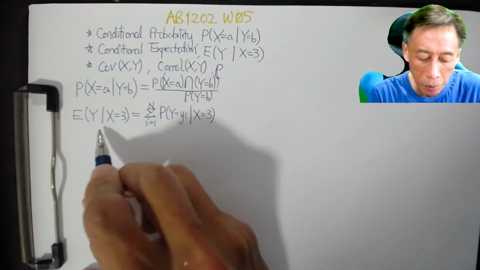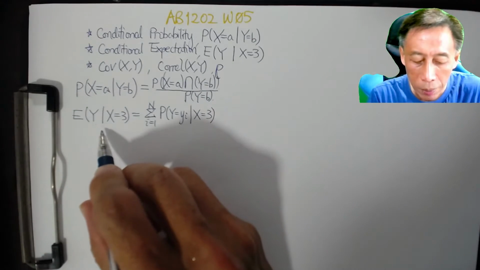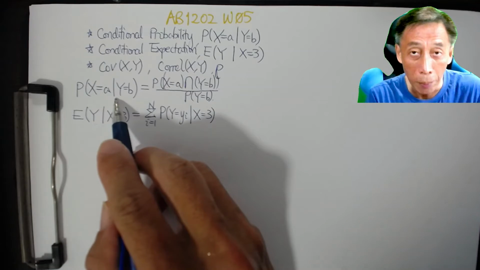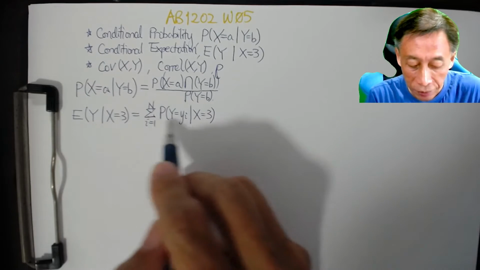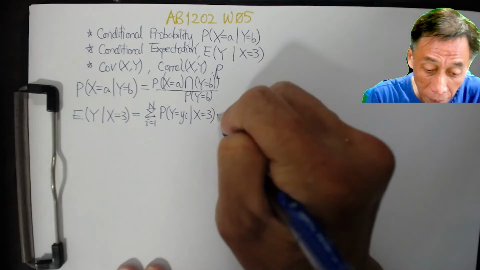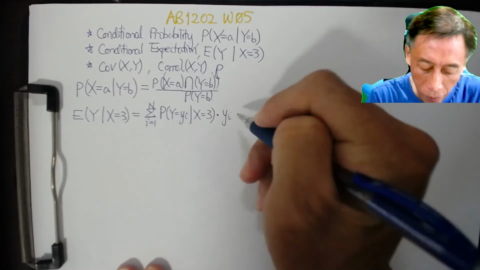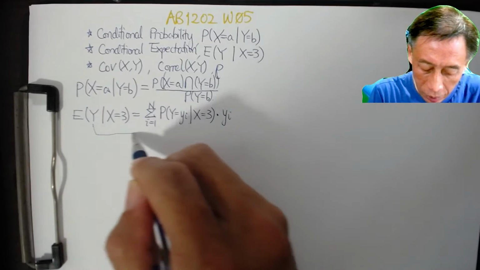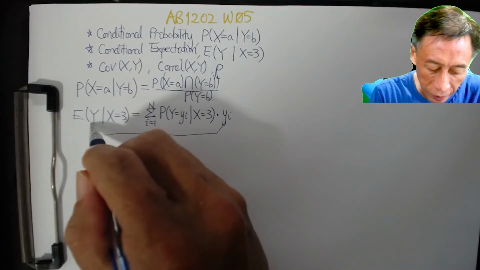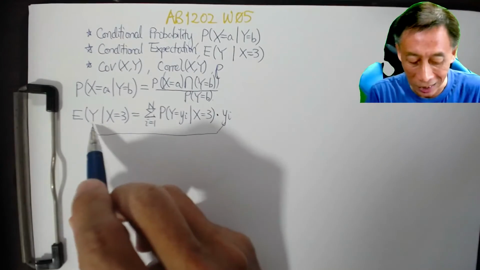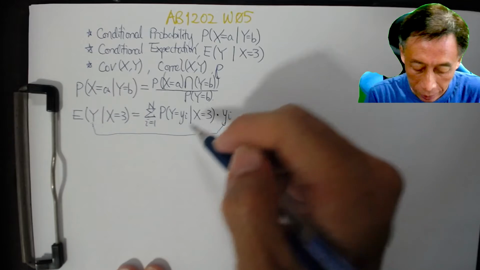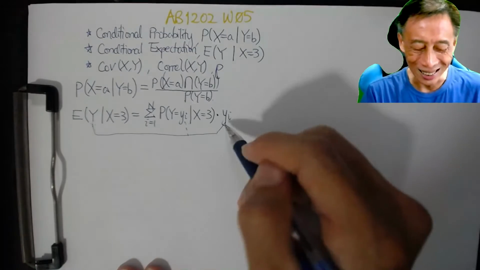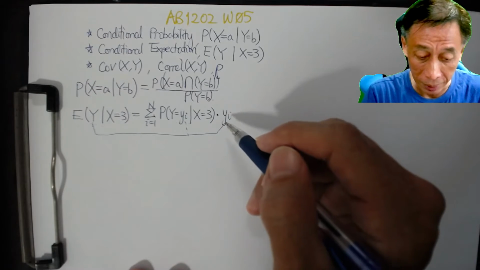The conditional part can only be correctly interpreted in the conditional operator sense. After that, it is just multiplied by the value of yi. Of course we have yi because we are interested in finding the expected value of y. Okay, so that's the basic idea.